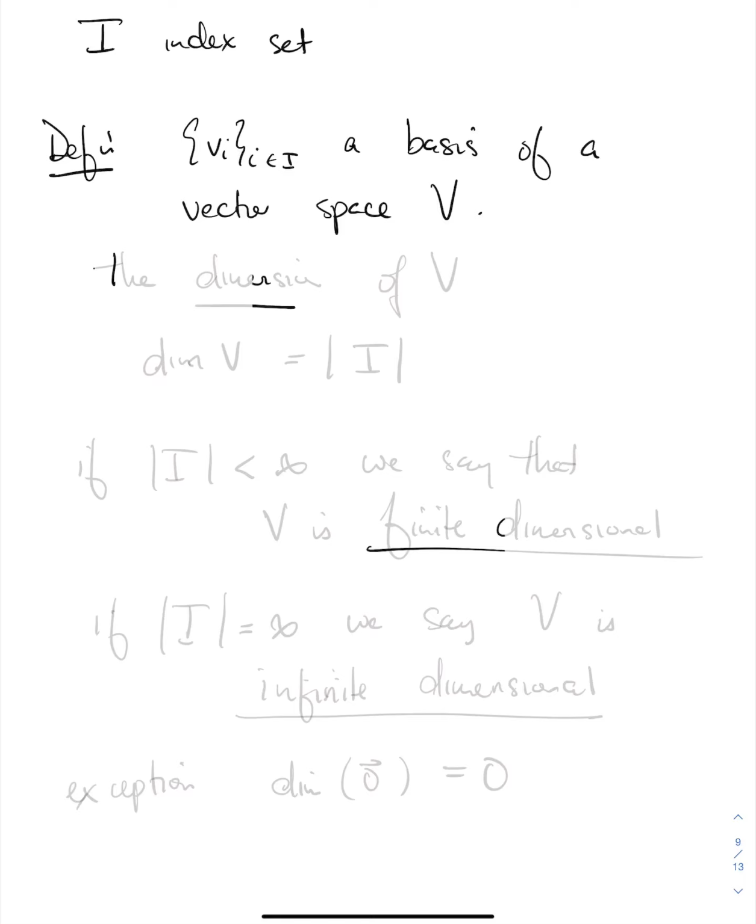Then the dimension of V, denoted dim of V, is the size of your index set. You can also say that if the size of I is less than infinity, we say that V is finite dimensional.